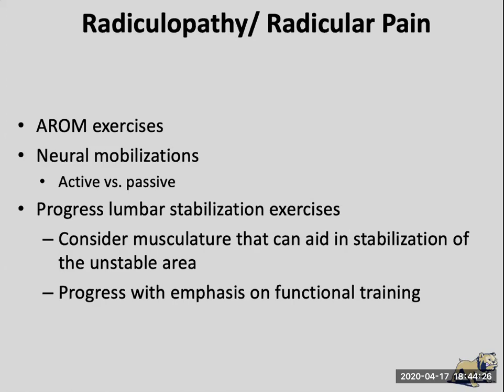But that being said, we're moving the body progressively through different motions with the lower extremities rather than the upper extremities. Now, a progressive stabilization program can be helpful for these folks as well. Again, trying to provide stability to anywhere that's unstable if that is related to the patient's radicular pain.